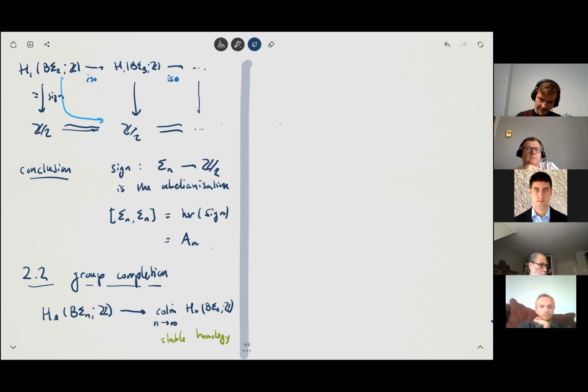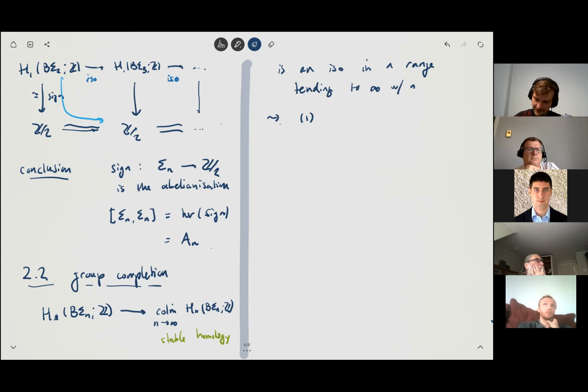Now, what homological stability says is that this map is an isomorphism in a range tending to infinity with n. So this has the following somewhat tautological consequences.